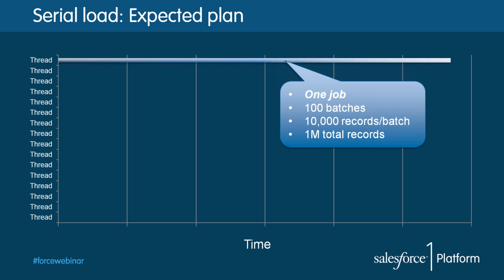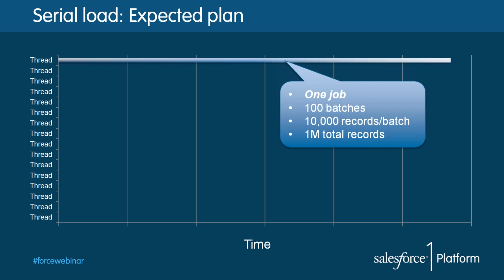What we do as part of the service is we have this thing called a processing queue, and we have multiple threads that will take that information off the queue and process it as quick as it can. Each of these threads can actually do part of a load. In this particular case, with the serial load, we're creating 100 batches of 10,000 records each, and we're doing them one after the other.